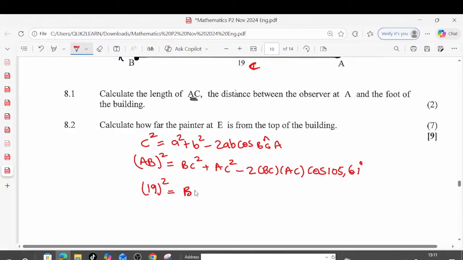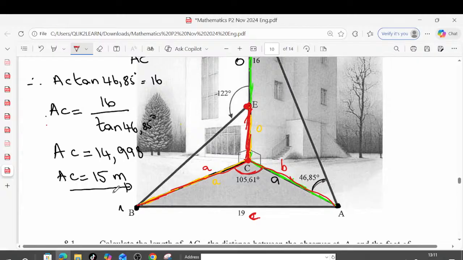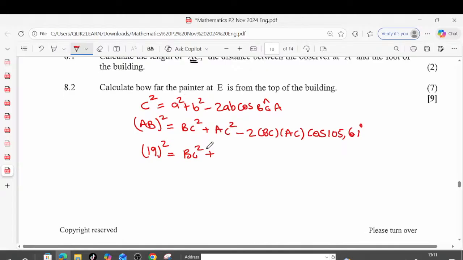We are looking for BC. We just calculated the length of AC to be 15. So this will be 15 squared minus 2 into BC, which is what we are looking for, into AC, and AC is 15, the cos of that 105.61 degrees.